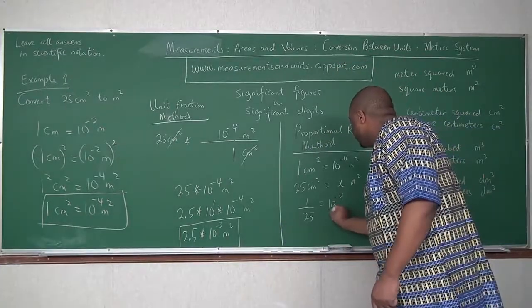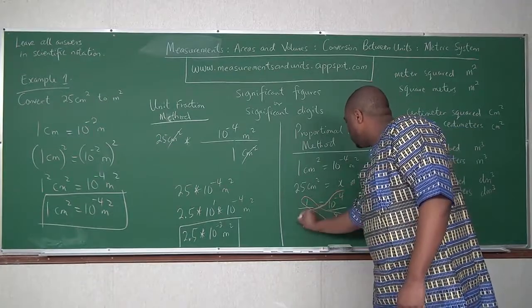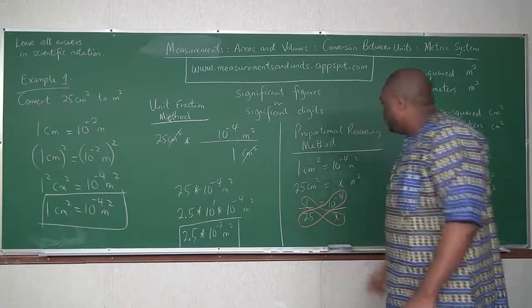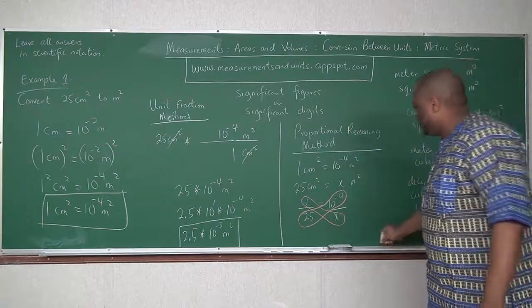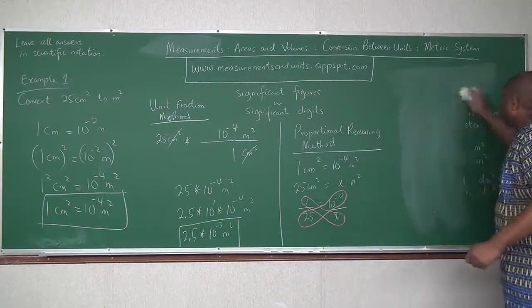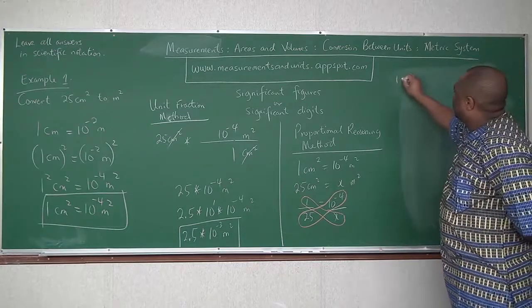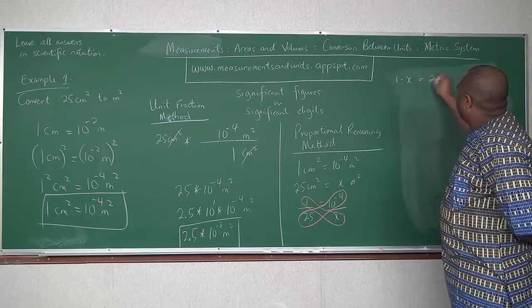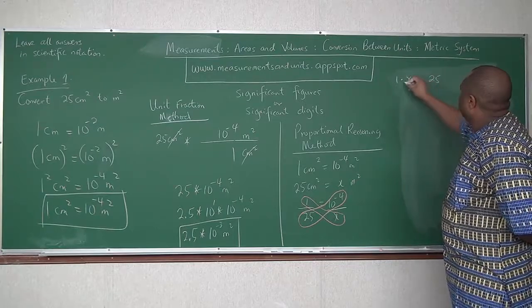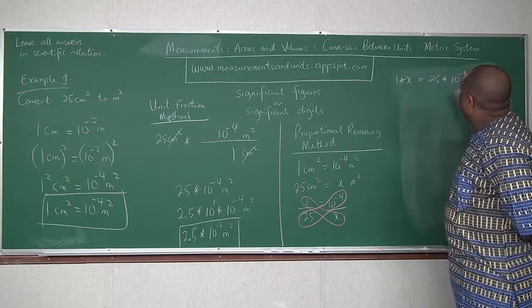Some people will call it butterfly method. So when you do that, you now have that 1 times x is equal to 25 times 10 to the negative 4.